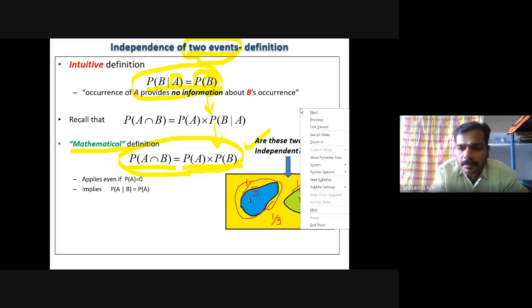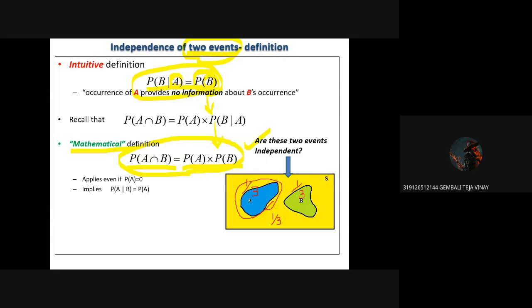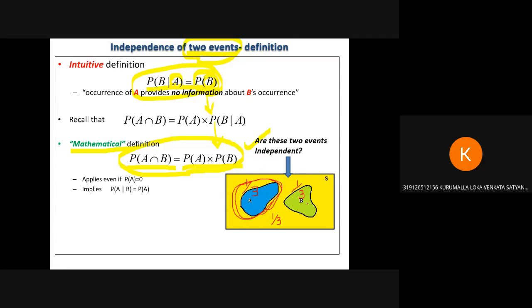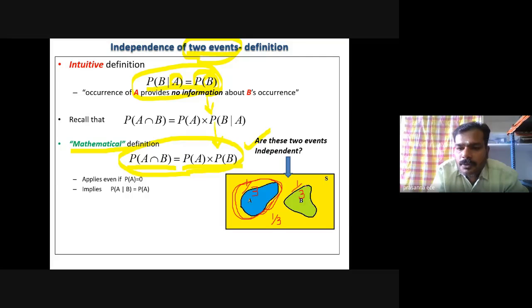You are able to identify? Is it 1 by 3? I have said that event A has occurred, so that is the partial outcome I have observed of the experiment. Now what is the probability of event B? 0. Our initial belief is that the probability of event B is 1 by 3, but since I have given this condition, that A has occurred, this has drastically changed to 0.